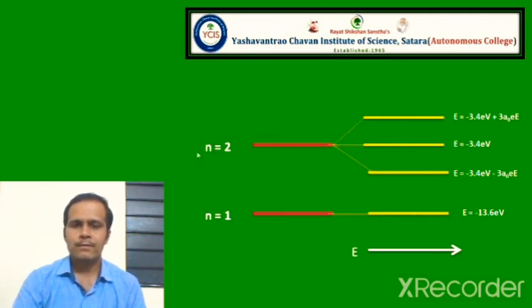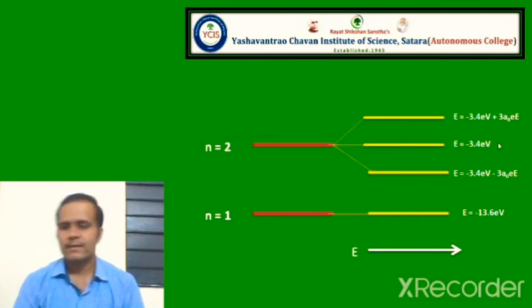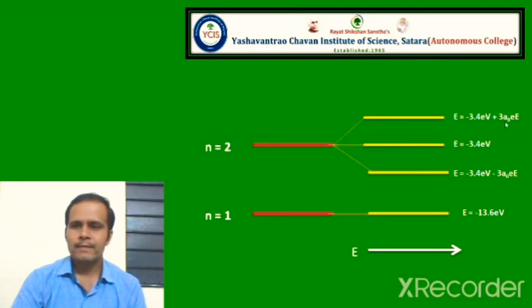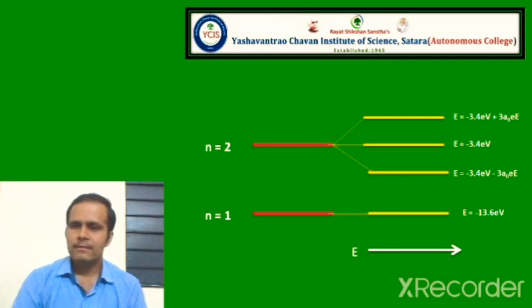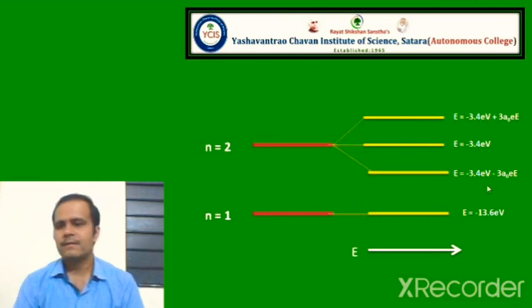When we talk about n equal to 2, here we have the energy minus 3.4 electron volt, and this energy level will split into 4 different parts. 2 parts have 0 correction and 2 parts have non-zero correction to the energy, which is 3a naught eE. Here it is plus 3a naught eE, and here it is minus 3a naught eE correction to the energy.